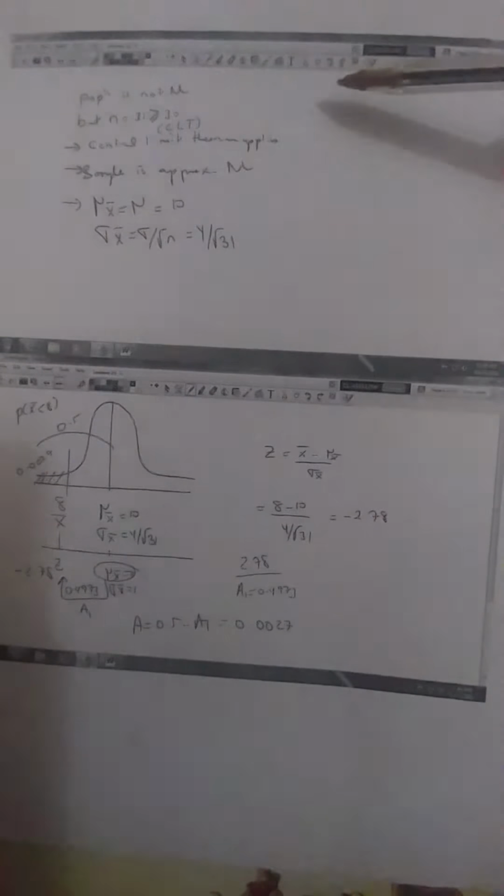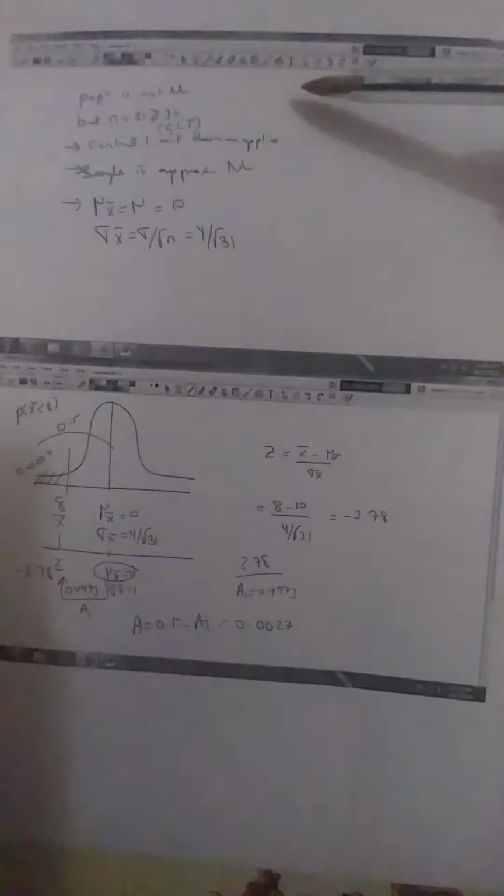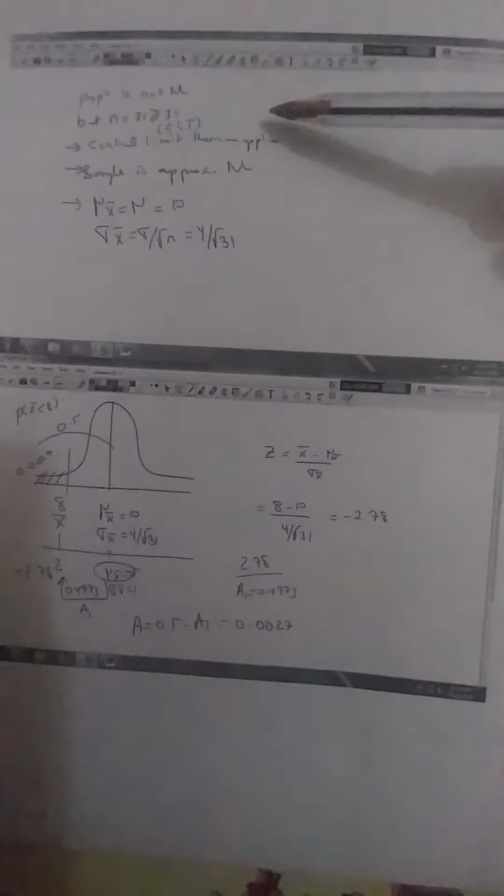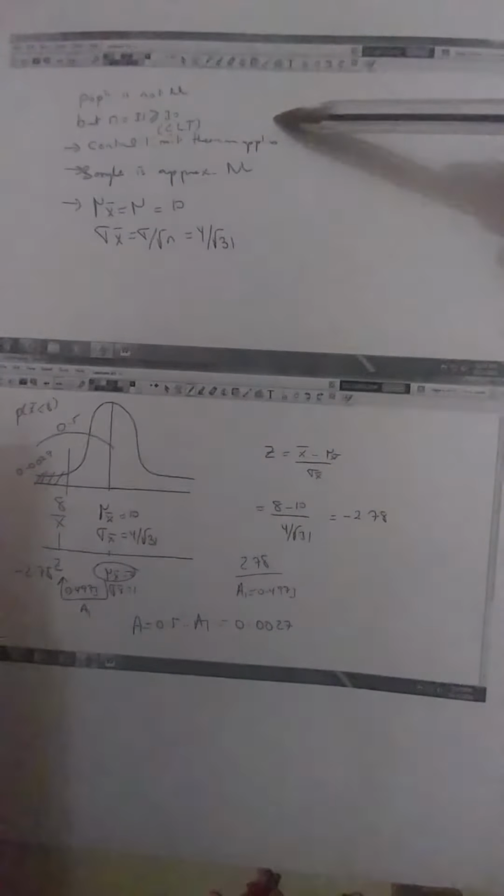What you do right here is you start by describing the sampling distribution of the sample mean, just because there was a sample in your exercise. And you start by saying that the population is not normal. And how did you know that the population is not normal? Simply because they did not tell you it is normal. Now, you start by saying population is not normal, but n equals 31, which is greater or equal to 30.